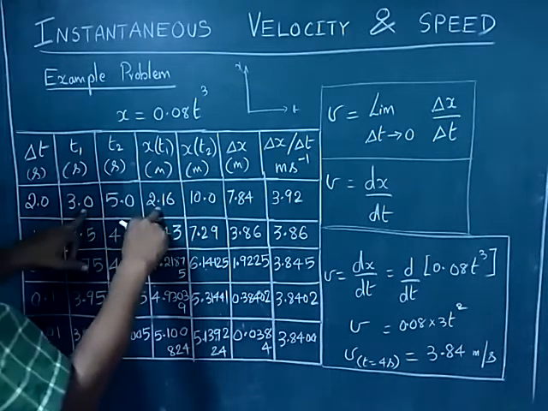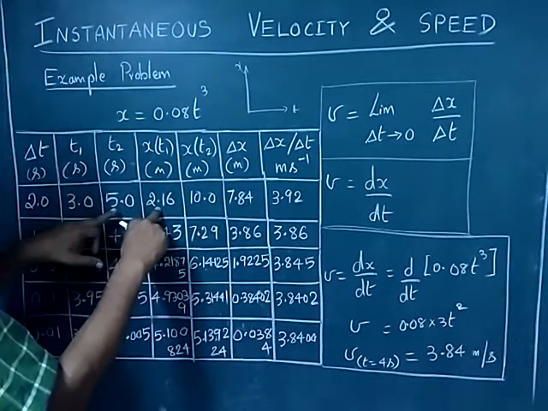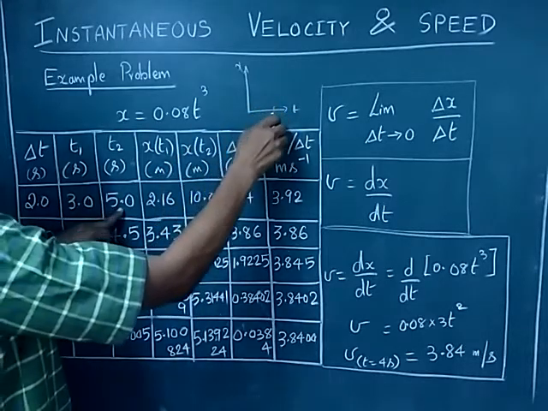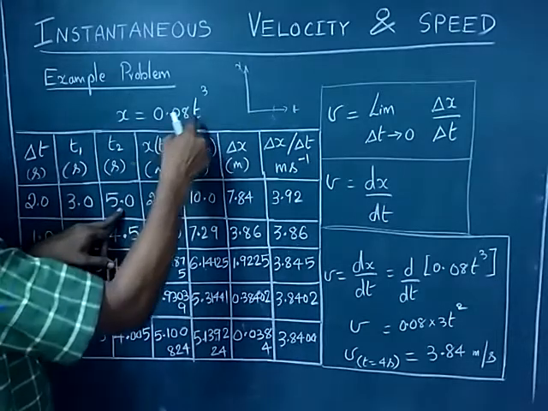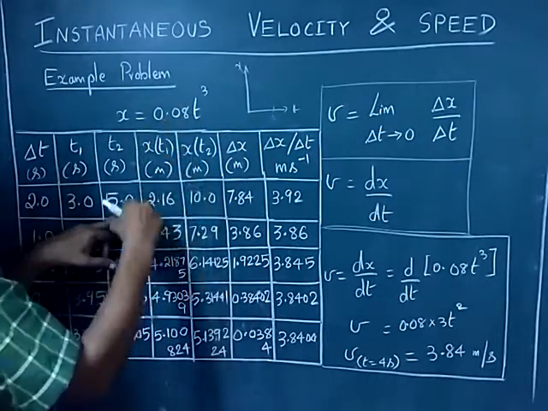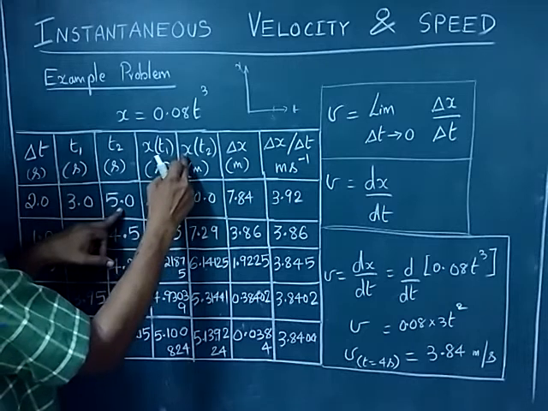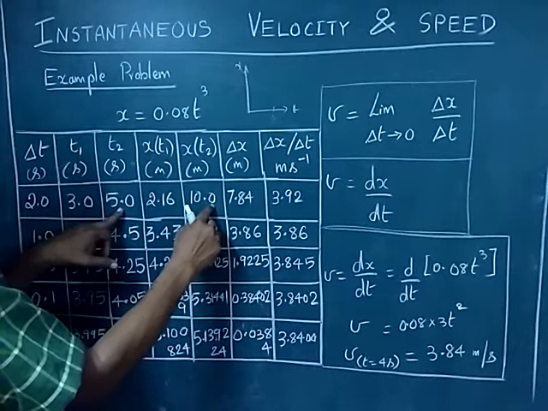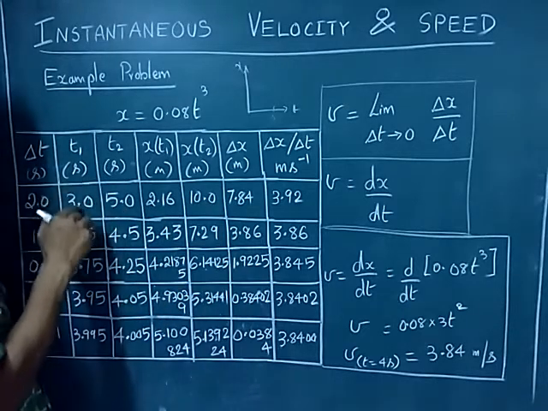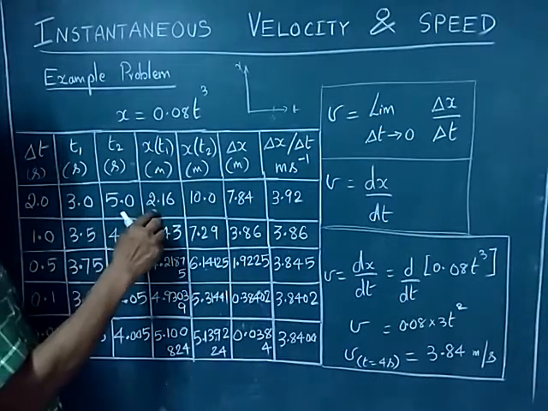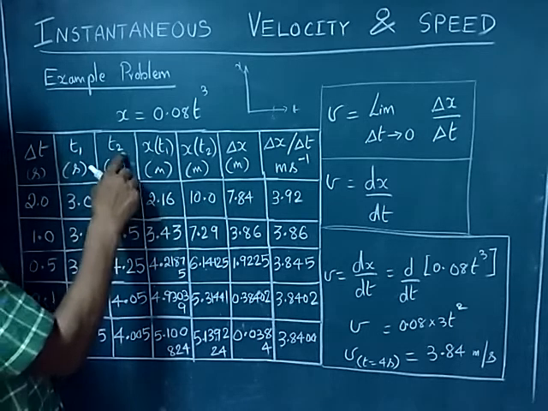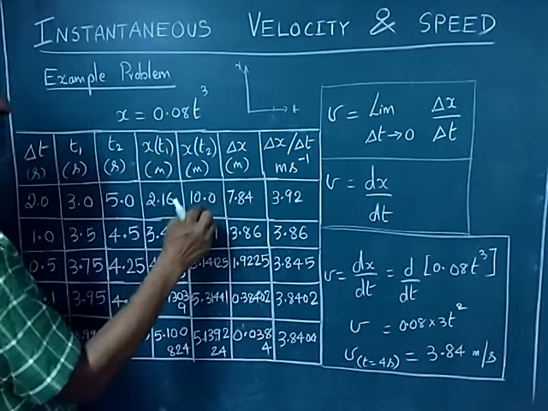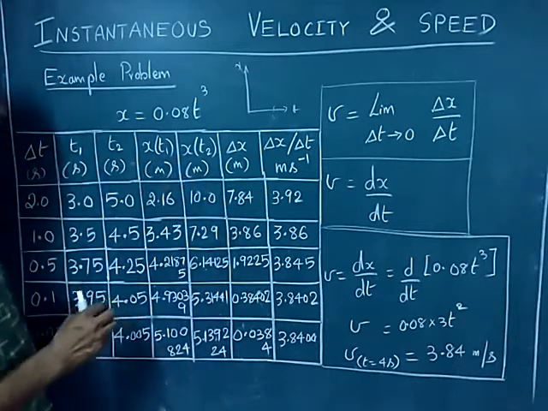Now go for t2. I am taking another time, 5 seconds. 5 cube multiplied by 0.08 gives the distance at time t2, which is 10.0. So at t1 the distance is 2.16, and at t2, which is 5 seconds, the distance is 10.0 meters.